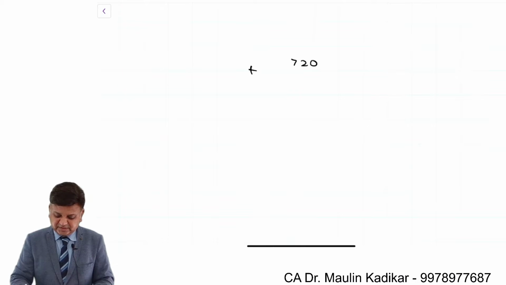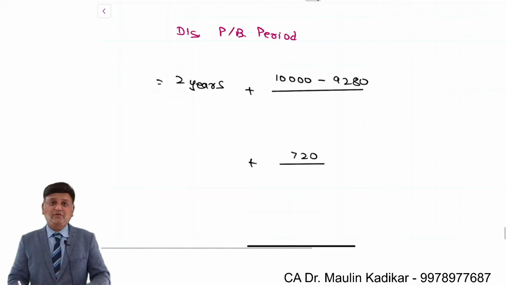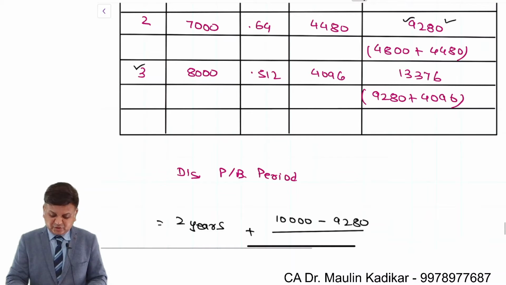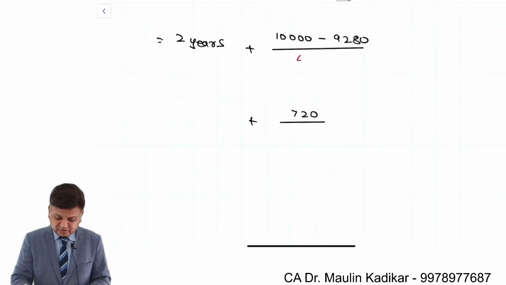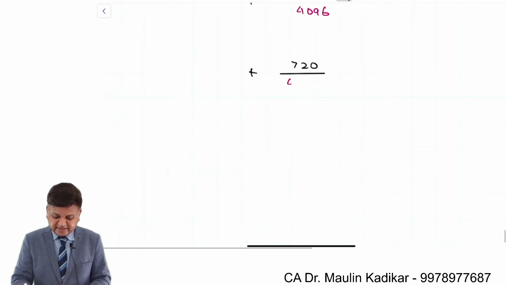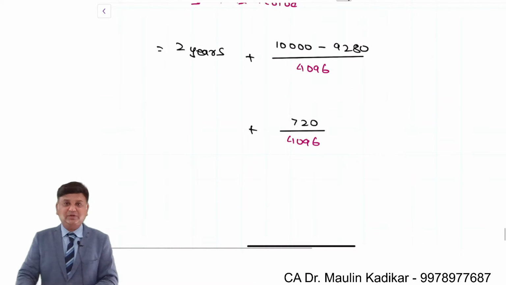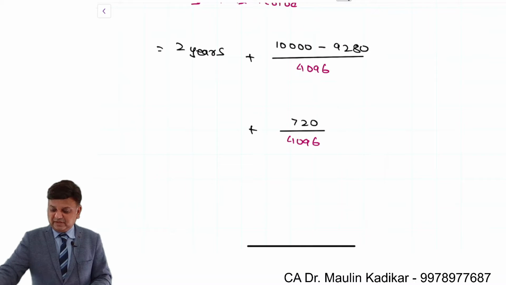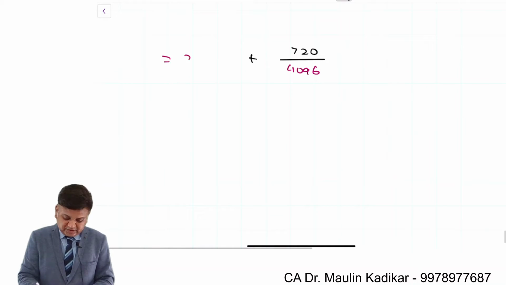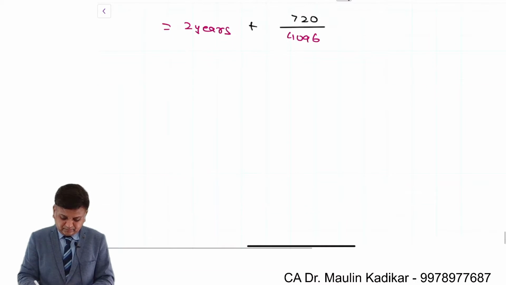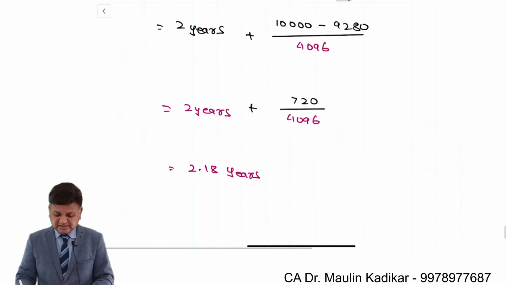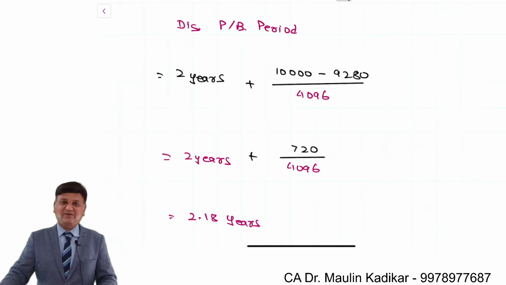So 720 rupees is yet to be recovered from the project at the end of the second year. We understand that the third year cash accrual is 4096. So 720 divided by 4096 is indicating the fraction of the third year in which the remaining amount is recovered. That comes to 0.18. So the 2 years is kept common, and over here it is 2.18 years. That is the way we are required to make the computation of discounted payback period.